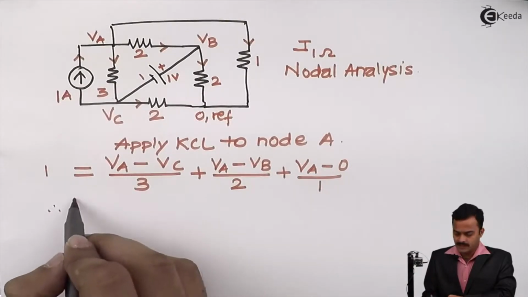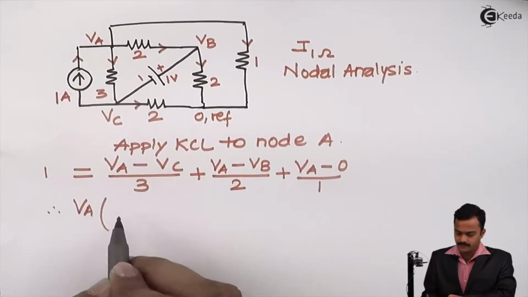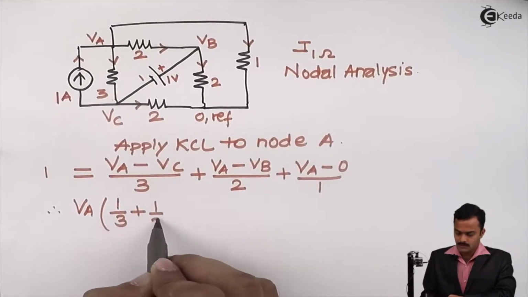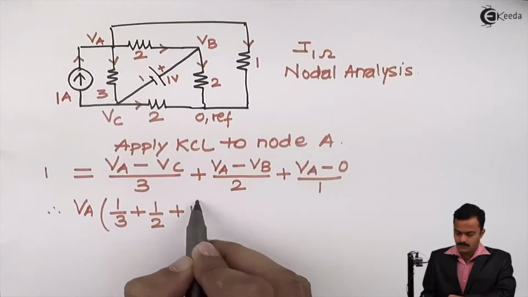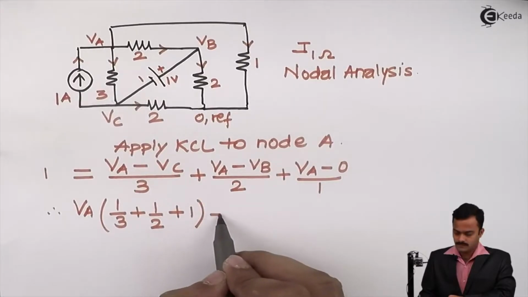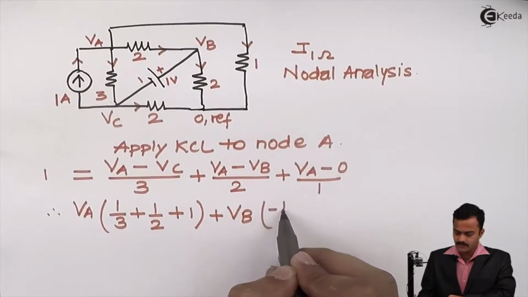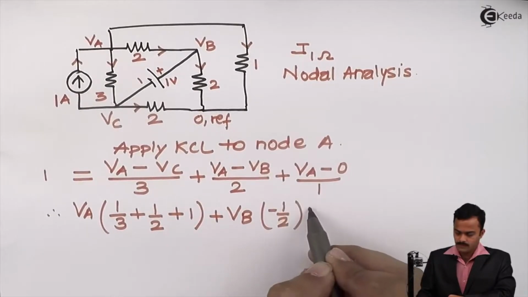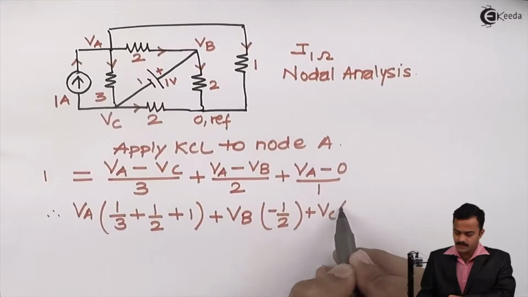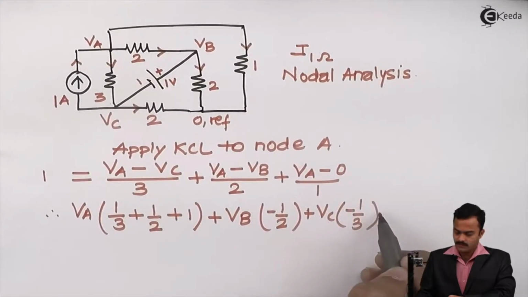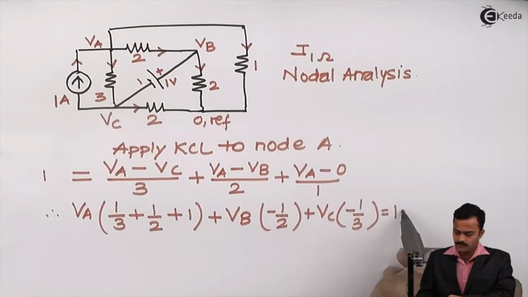After rearranging the terms, I will get the equation: VA coefficient 1 by 3 plus 1 by 2 plus 1, plus VB coefficient is minus 1 by 2, plus VC coefficient is minus 1 by 3, equal to 1.